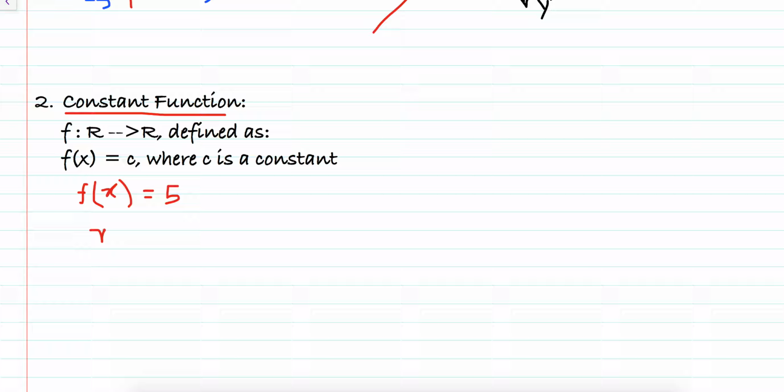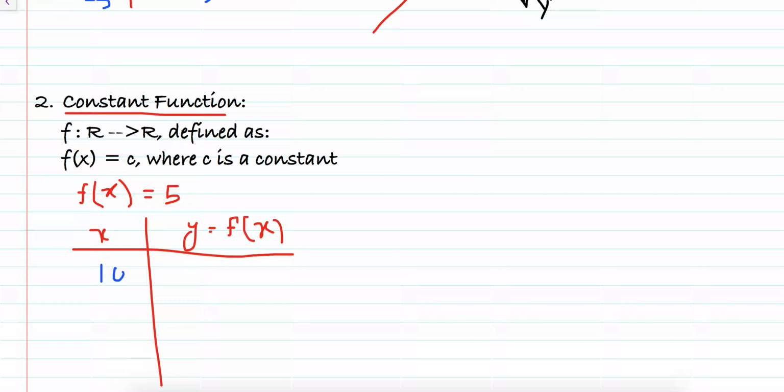Then if we take x and take y, so x is 10, y is 5, x is 5, y is 5, x is 0, y is 5, x is minus 2, y is 5. y is always constant. We have written here f(x) is c.